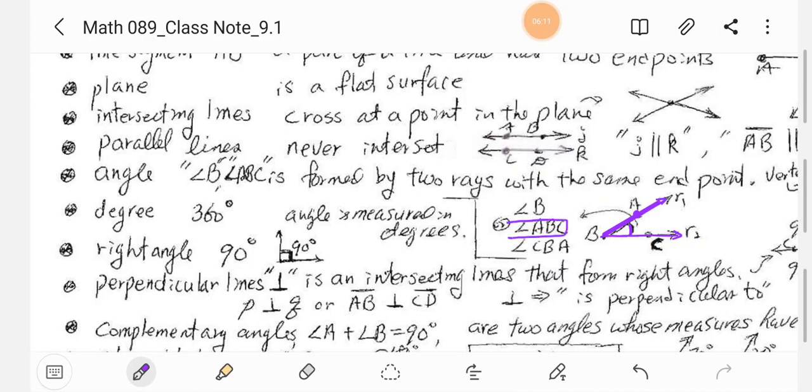This means starting from point A and then going through point B and then going to point C. So angle ABC means the angle at the center B. How about angle CBA? CBA is starting from C. So this will be the angle B, this one.